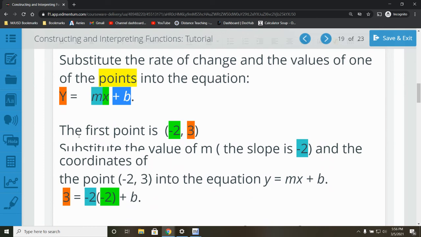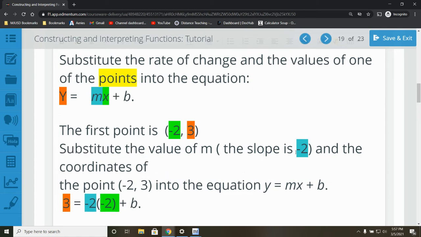The first point is -2, 3, so we substitute that in. The slope is -2, this bluish green color, and we substituted that in, along with the coordinates of -2 and 3 into the equation. -2 is the number of hours, or the x-axis, and y is 3.